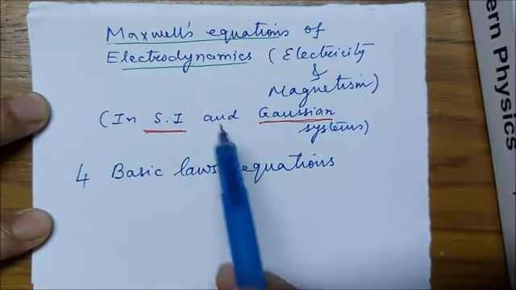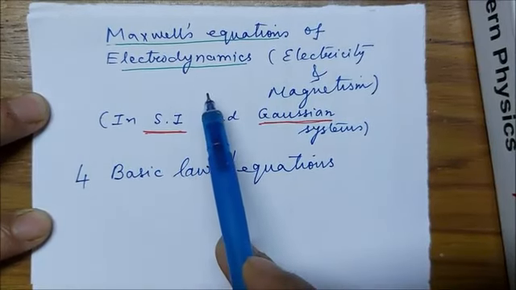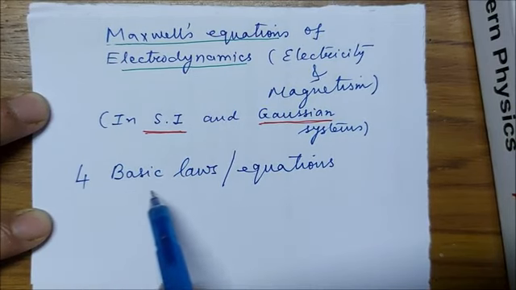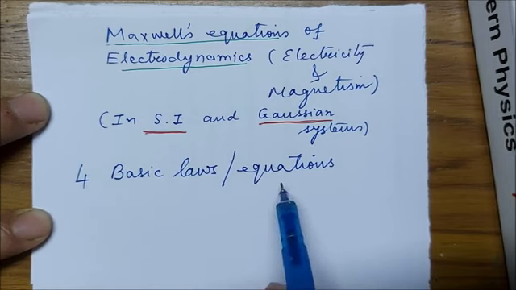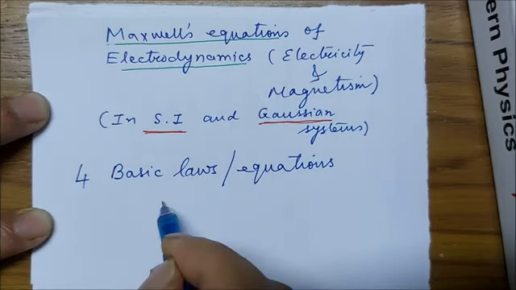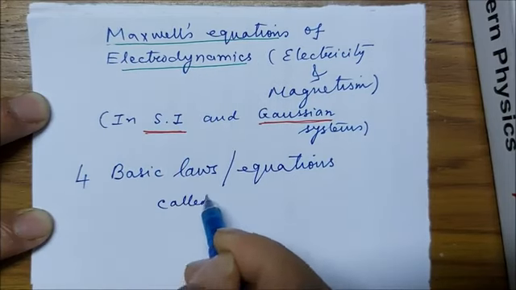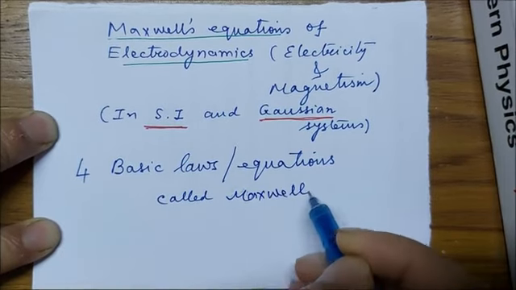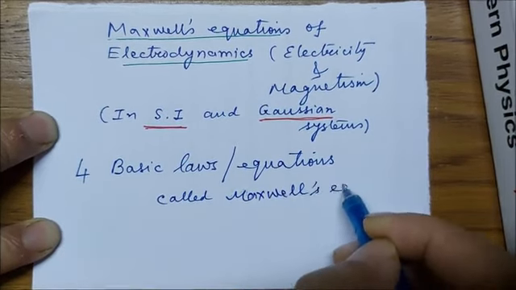The entire subject can be described, elaborated, and explained with the help of these four basic laws or equations, which are called Maxwell's equations of electrodynamics, called Maxwell's equations.